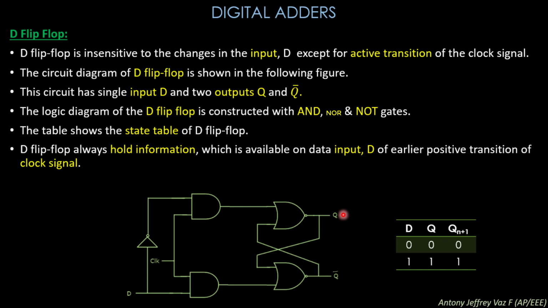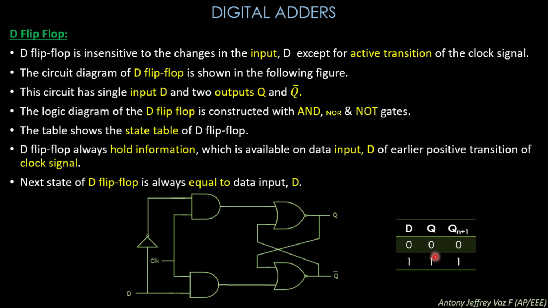So D flip-flops can be used to hold or store the memory of the data, so that slower devices interconnected with a faster device can be made to work. The next state of the D flip-flop is always equal to the D state.